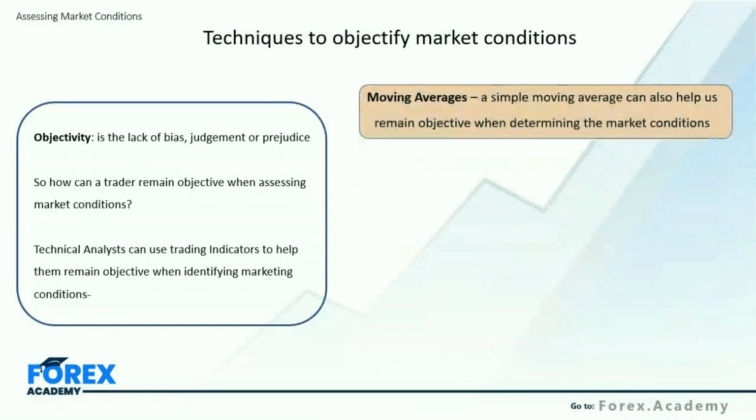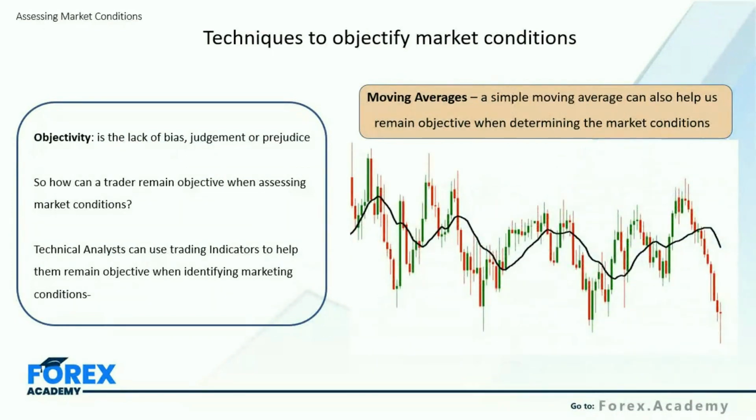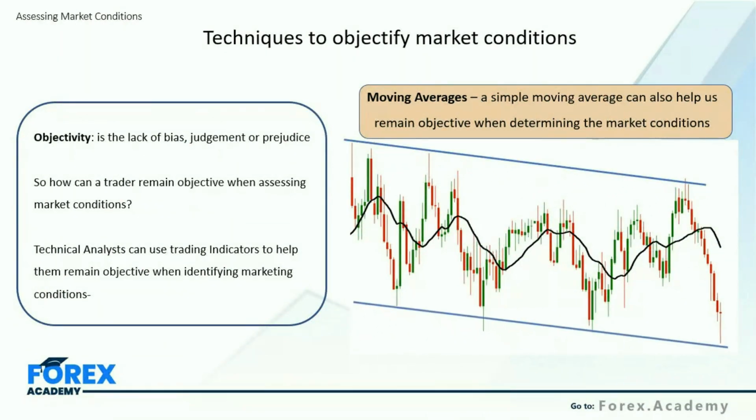And finally, you can use a very basic moving average. A simple moving average can also help us remain objective when determining these market conditions. When you apply this moving average, you can still identify visually your support and resistance.